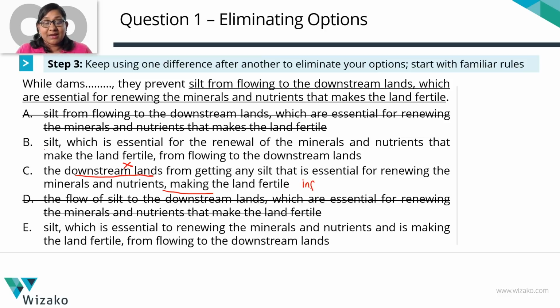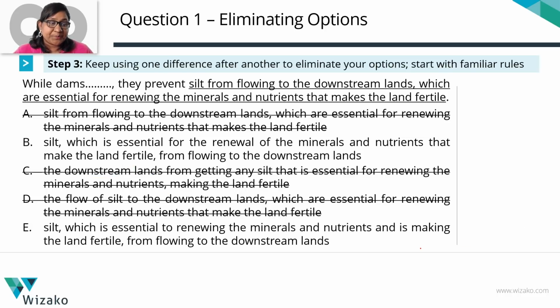Right now, the meaning is that the prevention has increased the fertility of the land. That's clearly an incorrect answer option, and that's one more thing that we have learned. If I use an ing construction, a lot of times it's used to denote a cause-effect relationship, so you want to check whether that's the meaning that you're trying to convey in that particular sentence. So C is out for both these reasons.